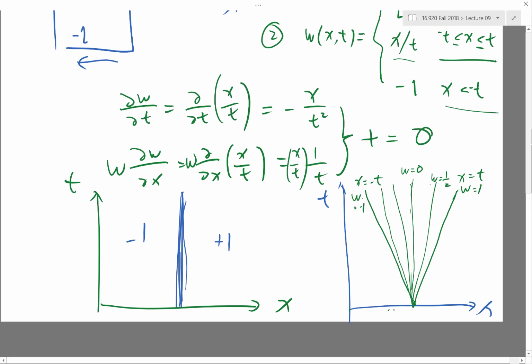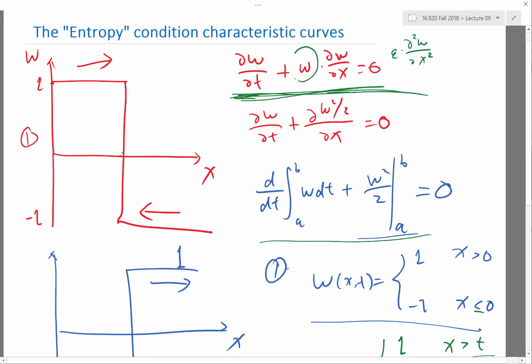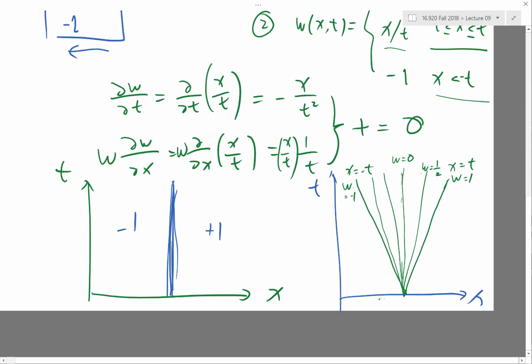All right, so let's actually draw the waves, the so-called characteristics, on this plot. In the first solution, although the solutions are constant, the constant solution also has characteristic waves, right? And the characteristic speed is the derivative of the flux with respect to the solution W, which is equal to W itself in this case. The characteristic speed would equal either +1 or -1 in the first case.